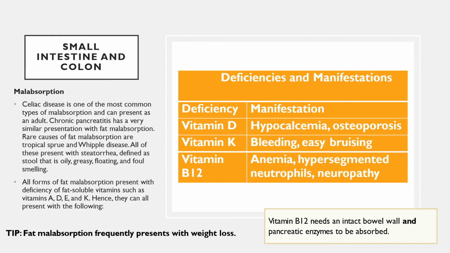All four of them present with steatorrhea, defined as stool that is oily, greasy, floating, and foul-smelling. All the forms of fat malabsorption present with deficiency of fat-soluble vitamins such as A, D, E, and K.